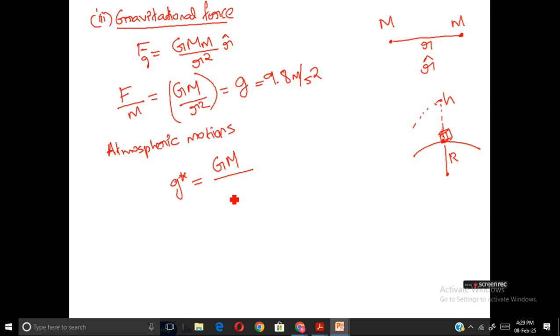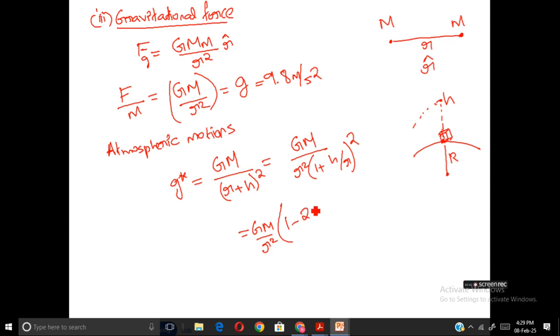It will become g star equal to GM by r plus h the whole square, which is basically GM by r square into 1 plus h by r the whole square. This will reduce to GM by r square into 1 minus 2h by r.